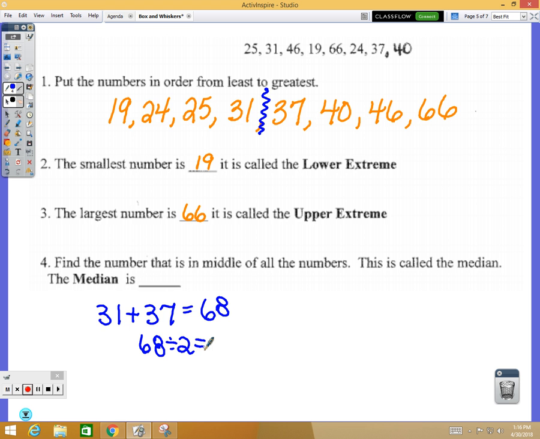This is the quick way of doing it. So 68 divided by 2 is 34. So the median is 34. Any questions about how I found the median? All right, then I'm going to move on to my next slide.